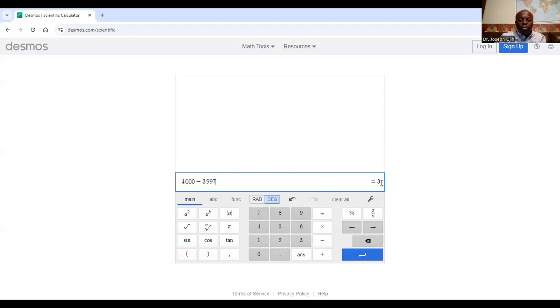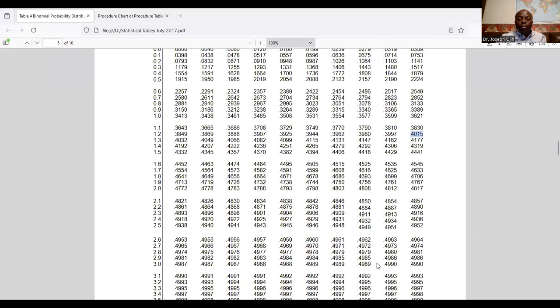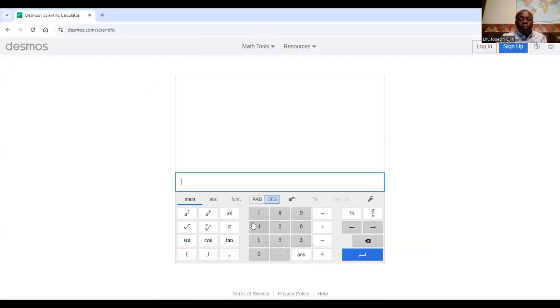Let's test the other value we found, which is 4015. 4015 minus 4000 is 15 points away.